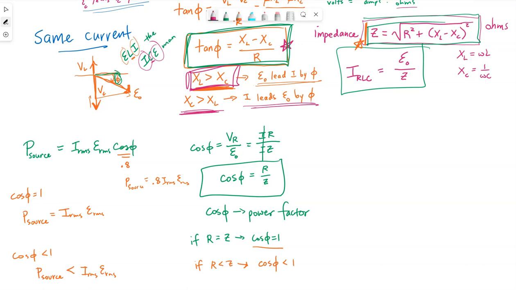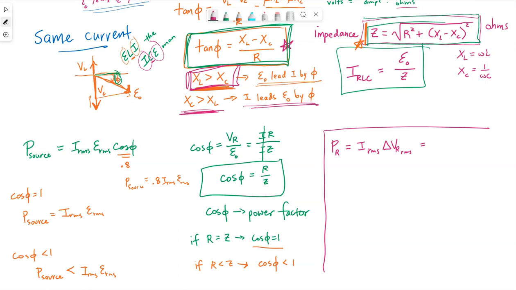Ultimately, if we want to talk about the energy actually going into the heat, the light, whatever the resistor is supposed to do, if we talk about the power dissipated by the resistor, we can say that that is IRMS times delta V for the resistor RMS.